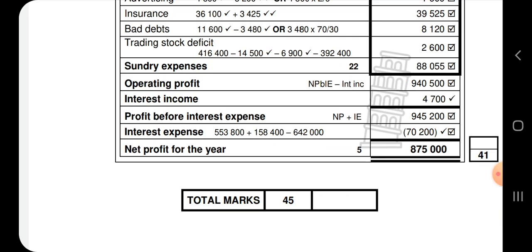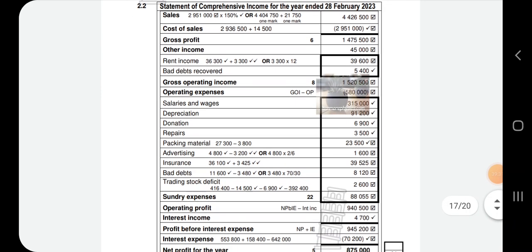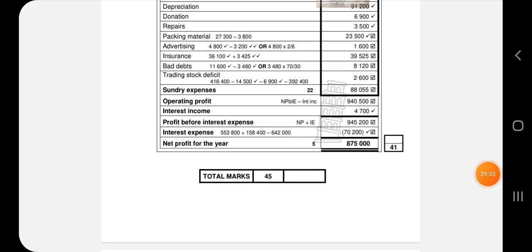And then you will add interest income, and operating profit and interest income will give you profit before interest expense, and then you minus interest expense, and that will give you net profit. Net profit had already been given to you. So this is how it should look.